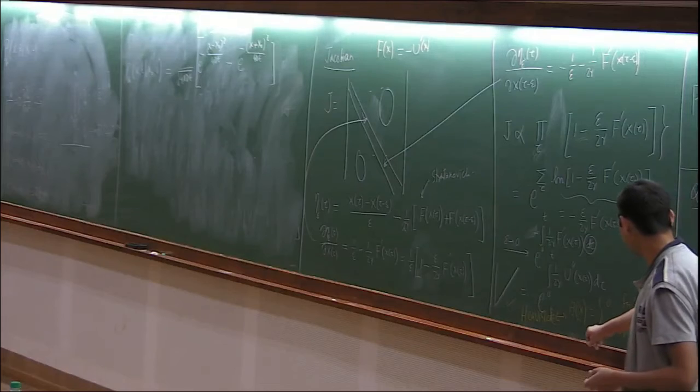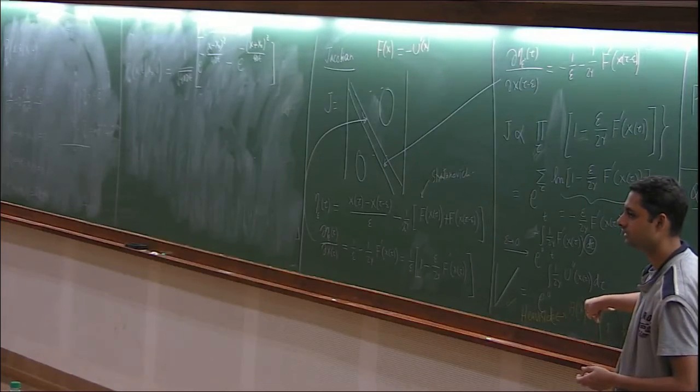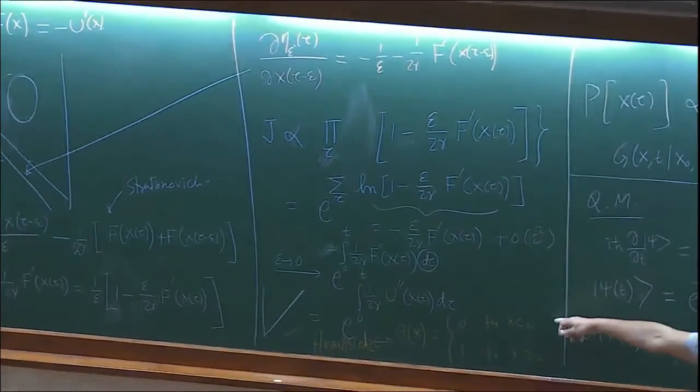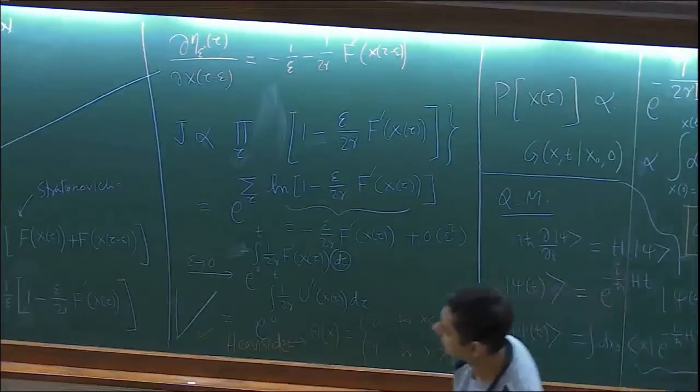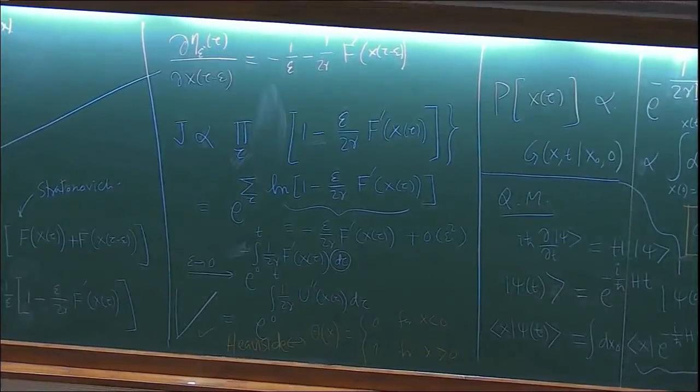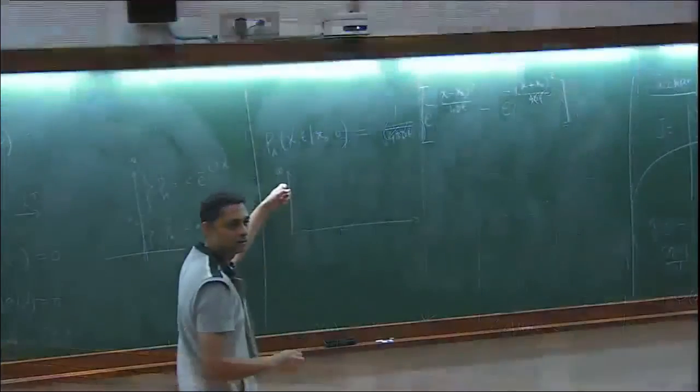Now, what is the log of this function? It's just either 0 or minus infinity, but when you put it there with the correct sign, this will become plus infinity. So now you have a quantum problem where you have an infinite barrier.